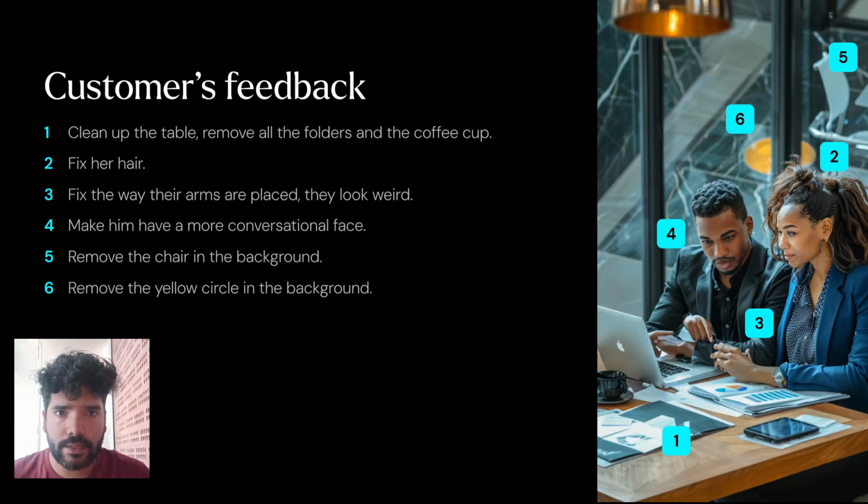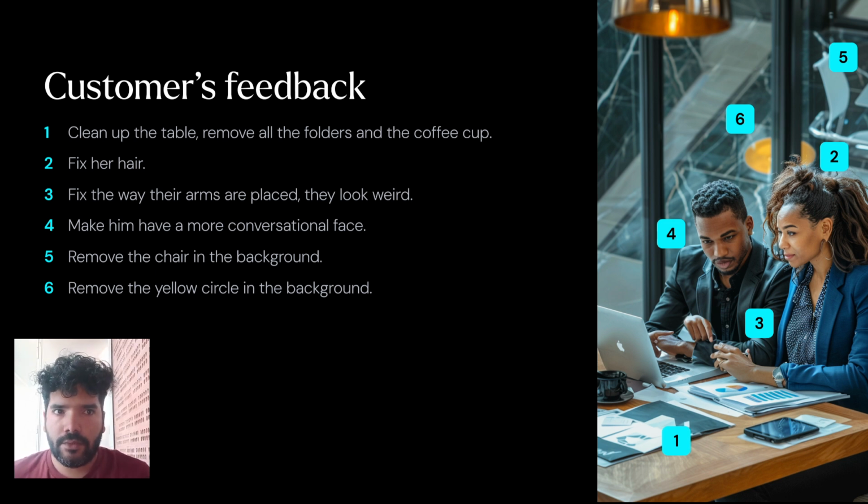First of all, let's go through all the comments and see what the main issues are and in what order we are going to fix them. My advice, in the process that I use, is to first change all the big parts, the big areas that need to be changed.